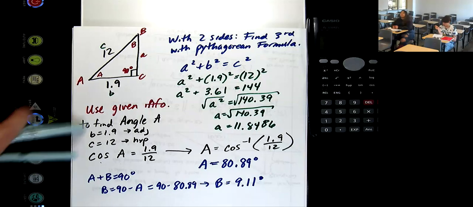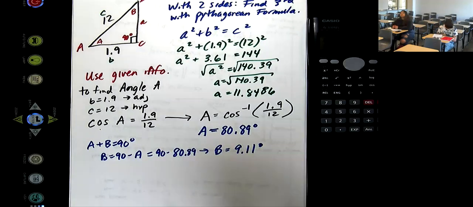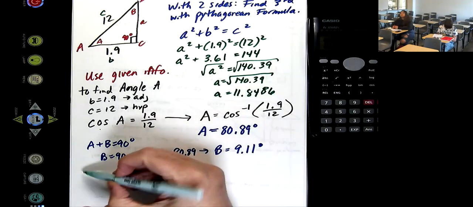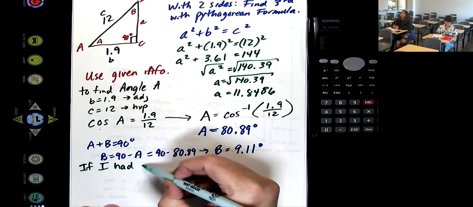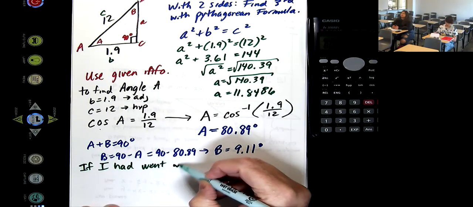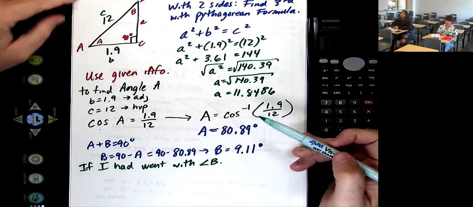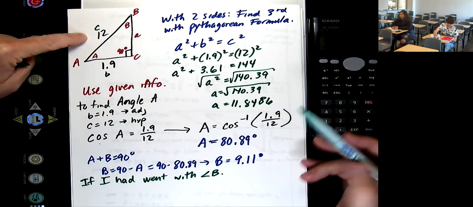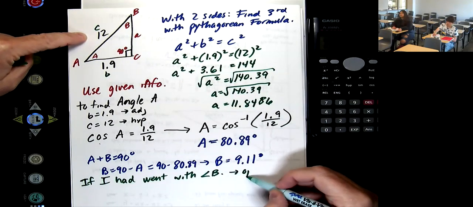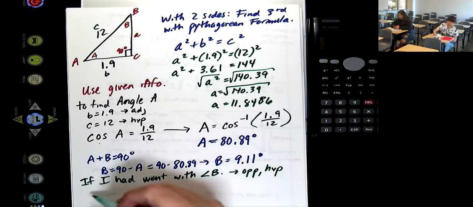I didn't have to find angle A first. I could have started off finding angle B first. If I wanted angle B, B is doing opposite and hypotenuse. So this would have been sine.